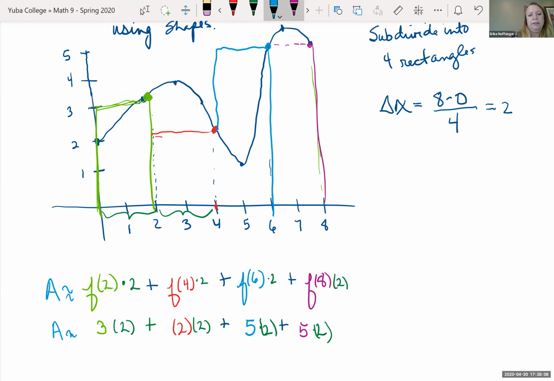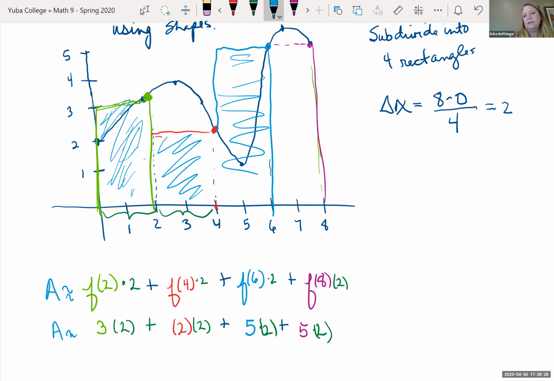So basically with this, we're looking at this area in here. This is an overestimate because we're above the curve. We're looking at this area of this rectangle in here. This is kind of an underestimate because it's below where we were looking at the area. This one's an overestimate. It's above where our curve is. It's a little bit of an underestimate.